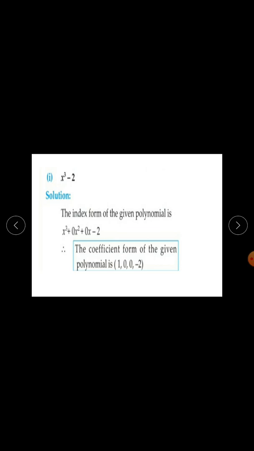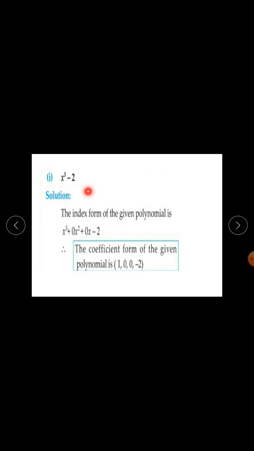So here first subquestion polynomial is given: x cube minus 2. But in this polynomial, there is no term having power 2. There is no term having power 1. So it can be added to the polynomial. So the index form of the given polynomial is x cube plus 0x square plus 0x minus 2.